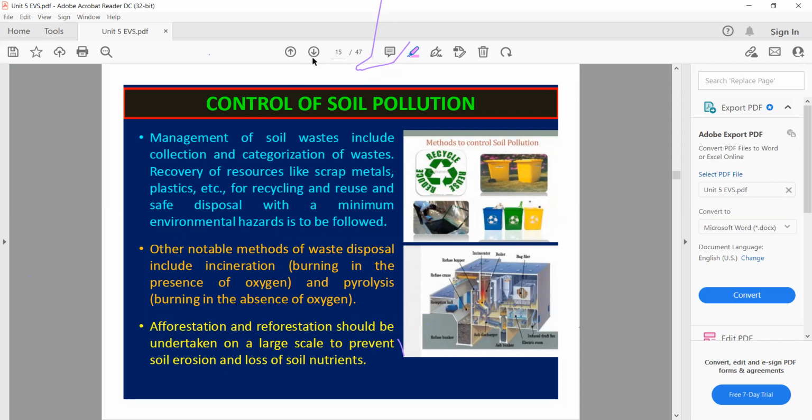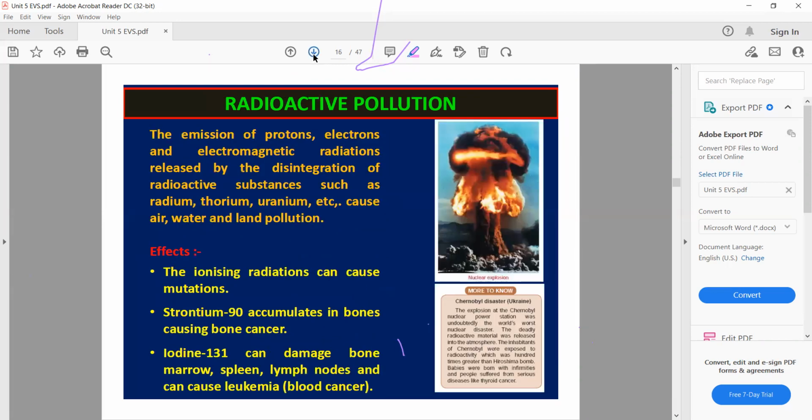Next we go to radioactive pollution. The emission of protons, electrons, and electromagnetic radiations released by the disintegration of radioactive substances such as radium, thorium, uranium, etc. cause water, air, and land pollution. Land means soil pollution.